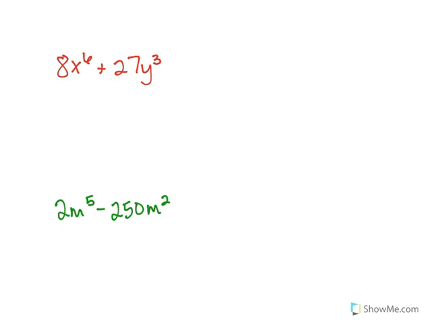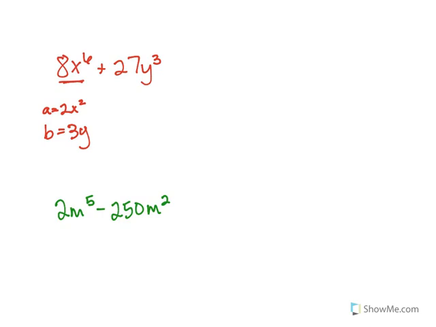So is this first one a perfect cube? Well, 8 is 2 cubed, right? And x to the 6th is really x squared cubed. Okay, so there's my A term. My B term is, okay, 27 is really 3 cubed, and then y cubed is really just y, right?